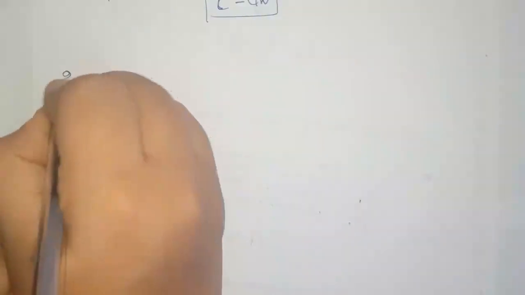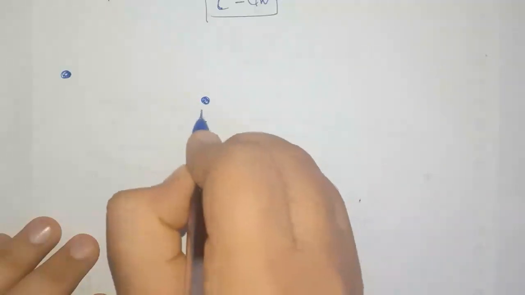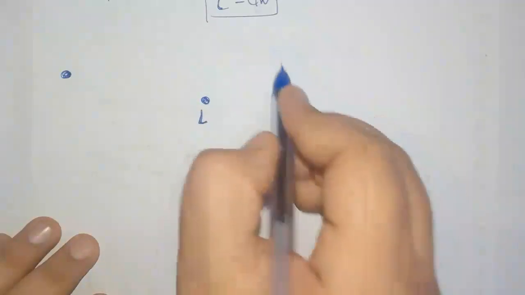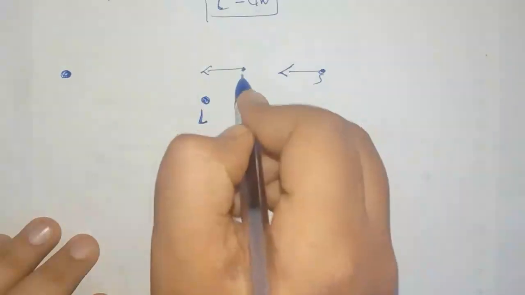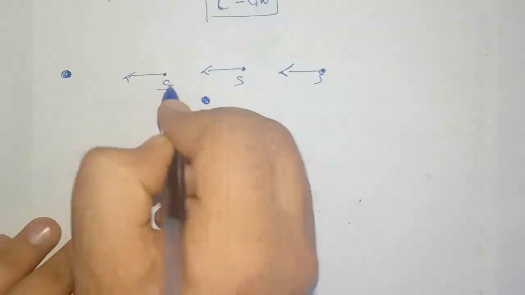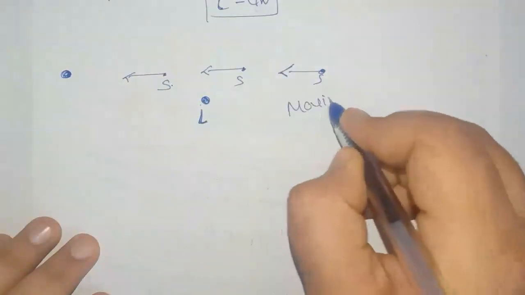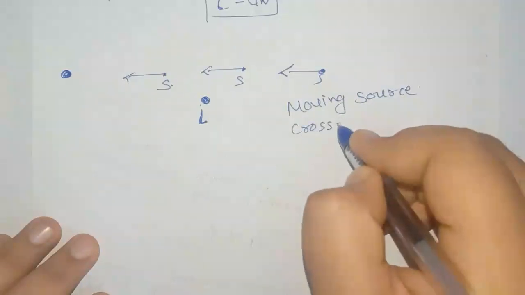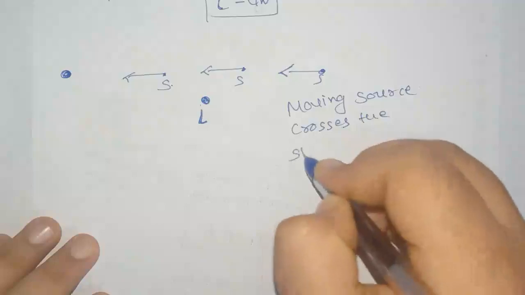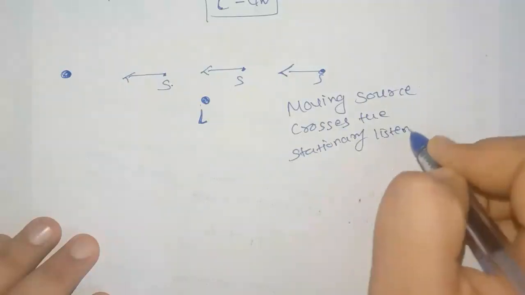Let us see the fourth case. There is a stationary listener or stationary observer, and the moving source passes it. The moving source crosses the stationary listener.